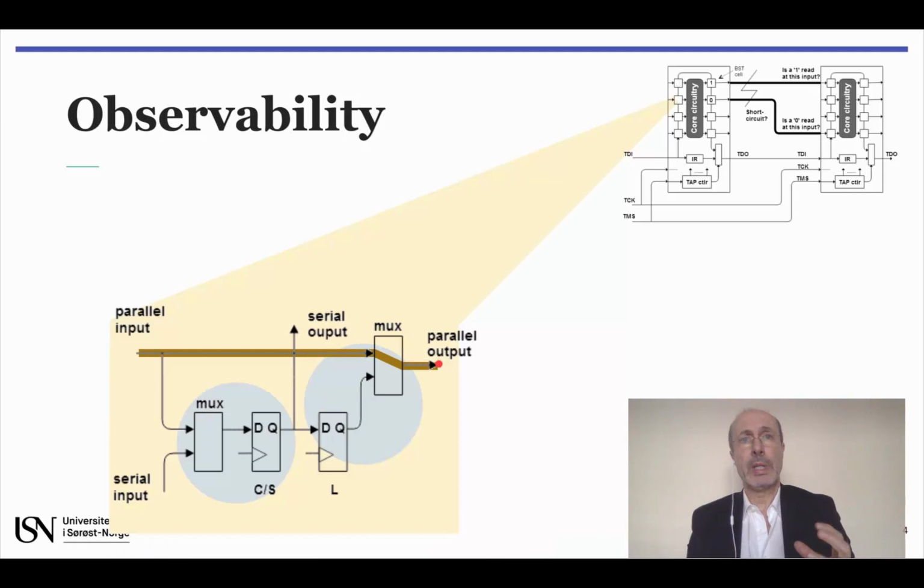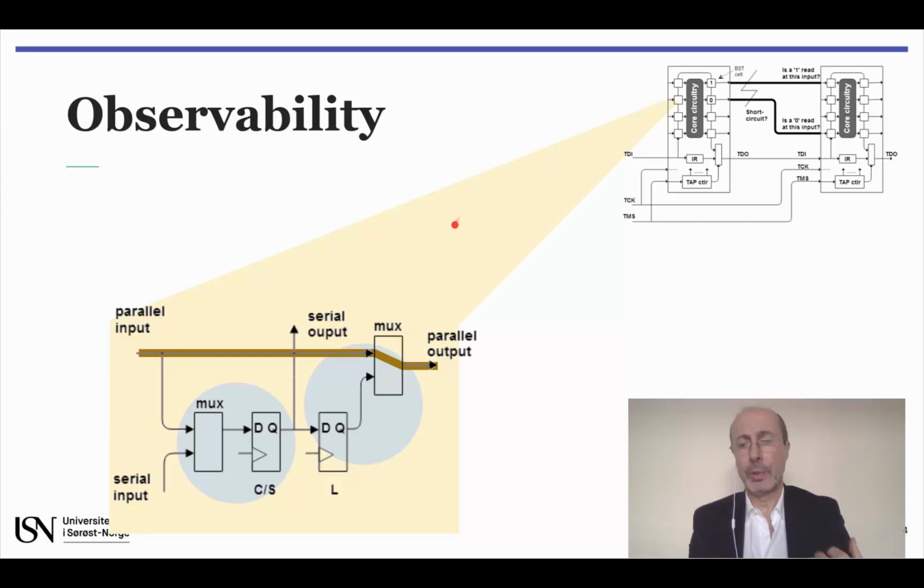When we power up the circuit, this is how the output multiplexer operates. The parallel input of the cell is directly connected to its parallel output, and consequently all the cells are in transparent mode, meaning that all the pins are connected to the core circuitry.